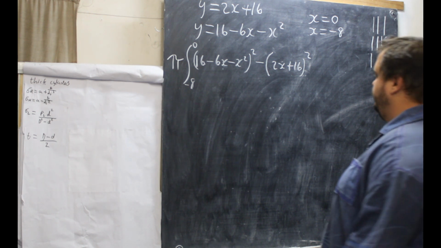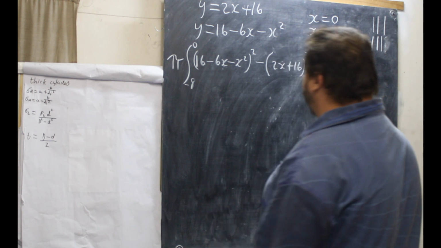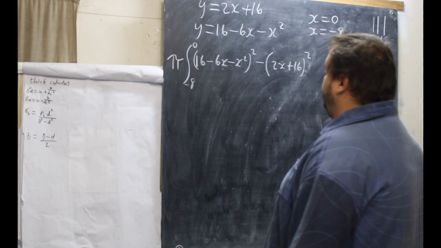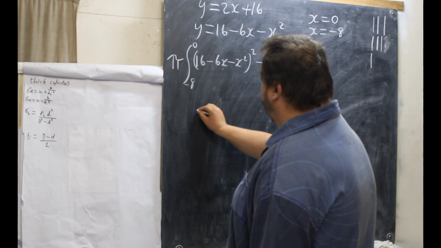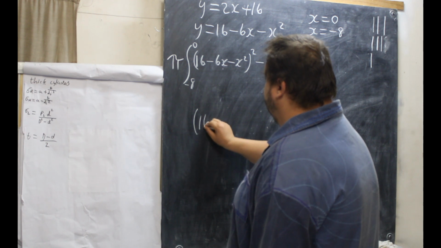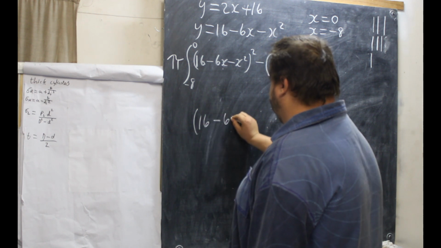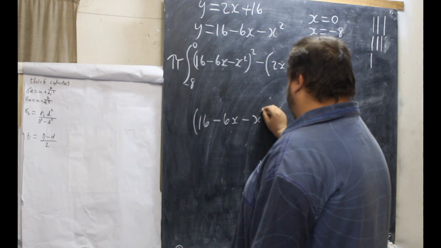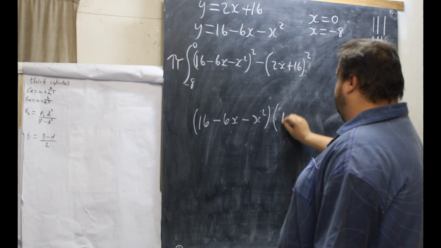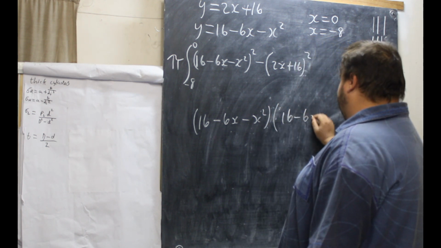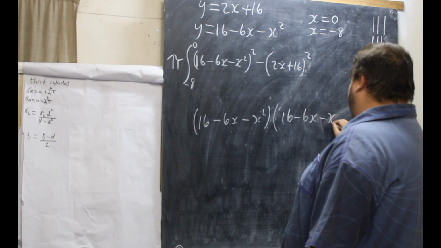Now, next step is we are going to expand this. We're going to FOIL this. So, 16 minus 6x minus x squared times 16 minus 6x minus x squared.